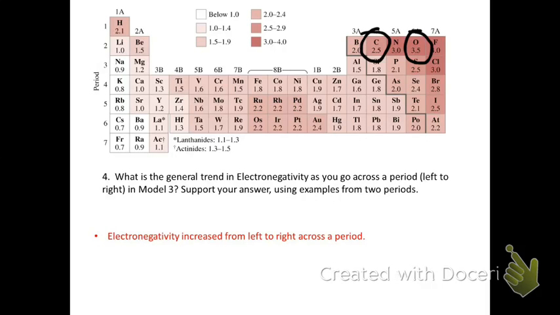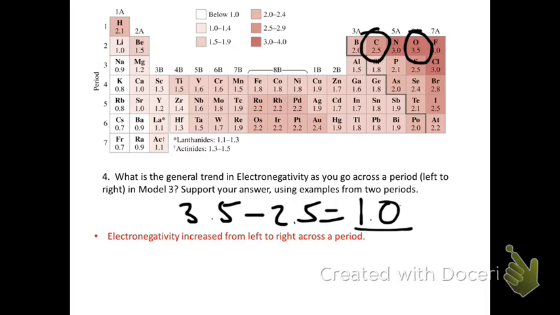So what's the difference between those two? 3.5 minus 2.5 gives us a 1.0 difference. Well, that's less than 1.8, so therefore this has to be a covalent bond. So a bond between an oxygen and a carbon is covalent, right? Kind of see how that works?